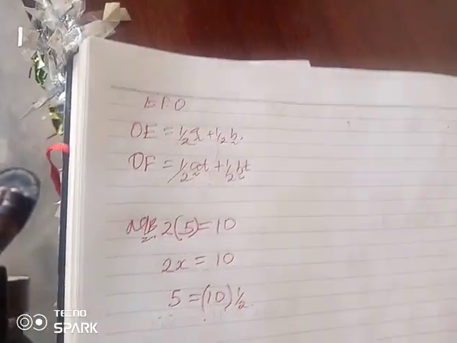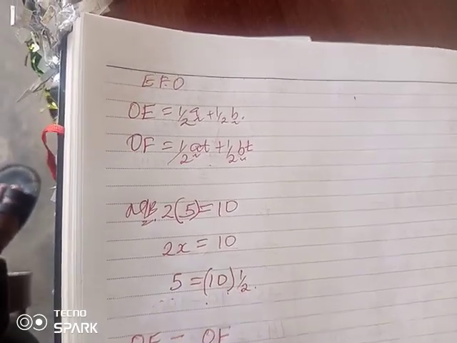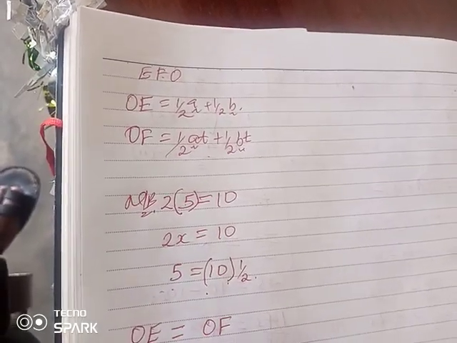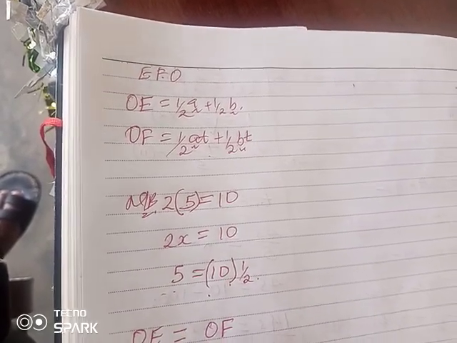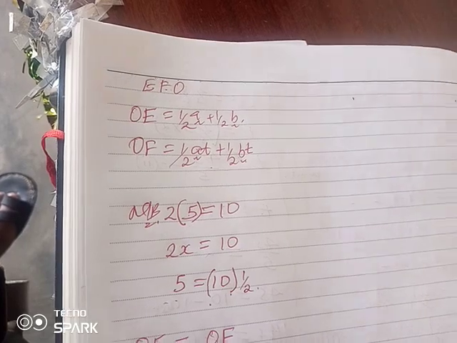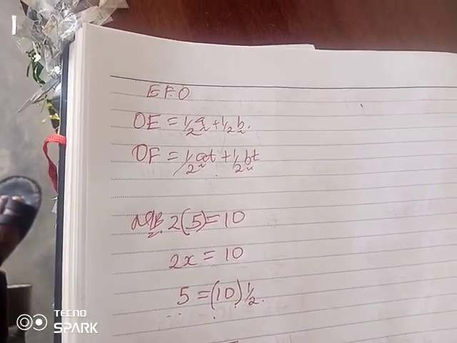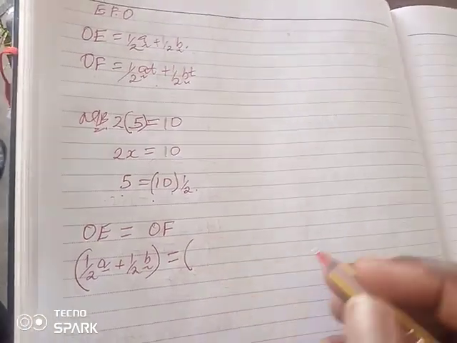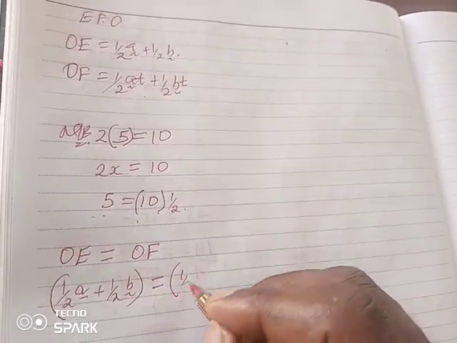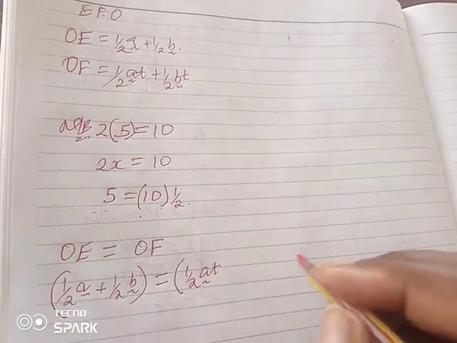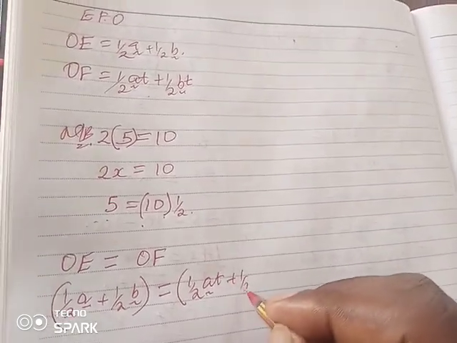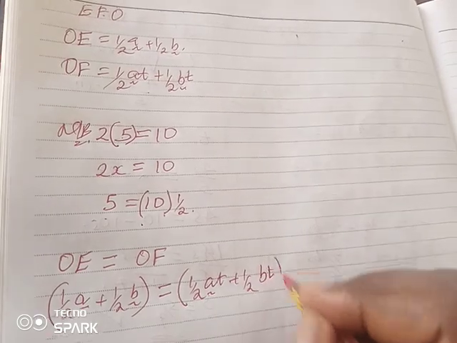So it's very simple. I'll take the vectors or the expressions. This is for OE. I'm being told to see whether we can correlate the two with the other one of OF as half AT plus half BT.